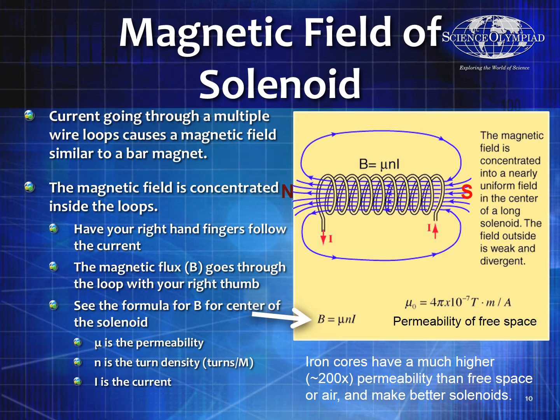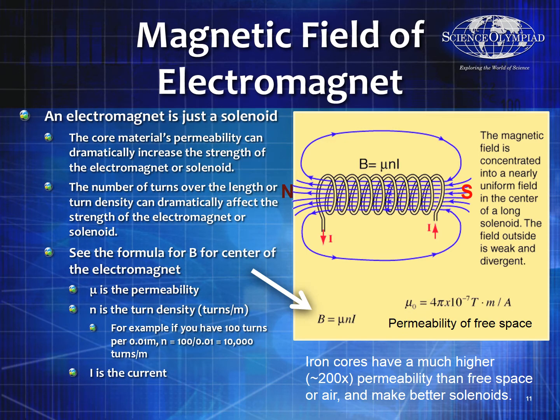If I just have an air core, it will still be a decent electromagnet, but it will be 200 times less magnetic than if I had an iron core. So just remember, electromagnet is another name for a solenoid, and it's the number of turns over the length, or the turn density, that can dramatically affect the strength of the electromagnet, or you can change it with the current, or with the core material.